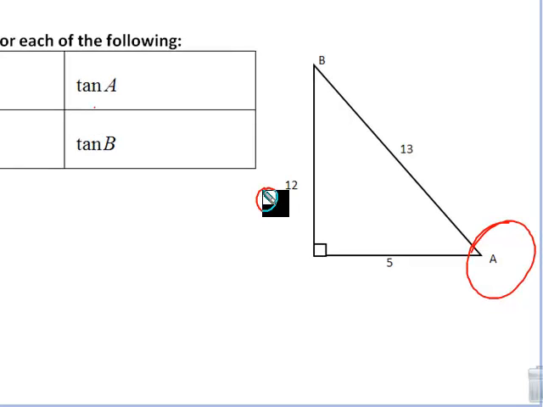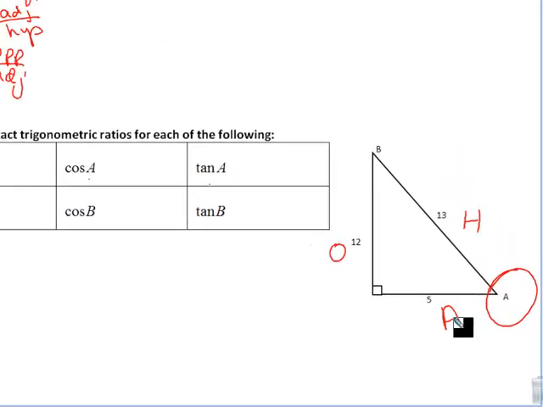Which side has to be the hypotenuse? 13. How do we know 13 has to be the hypotenuse? It's the longest, and if we don't actually have a measurement there, how can we tell? It's always across from the 90 degree angle, which means 5 must be which side? The adjacent. It's right next to our A.